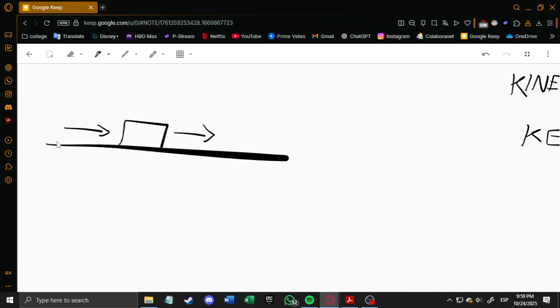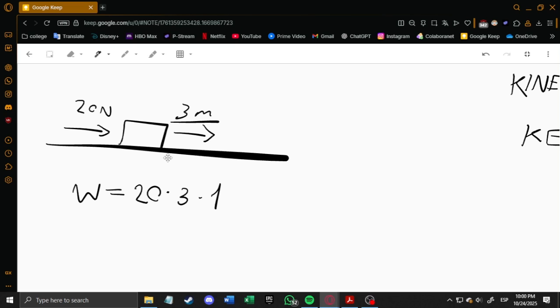So, just for the sake of the example, let's say we push it with a force of 20 newtons for a distance of 3 meters. The force is in the same direction, so the work would be 20 times 3 times the cosine of 0, which is 1.